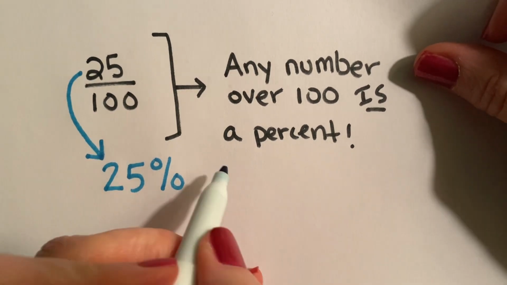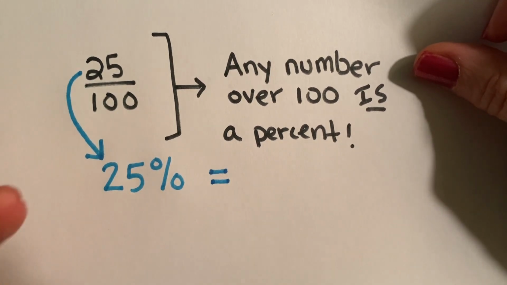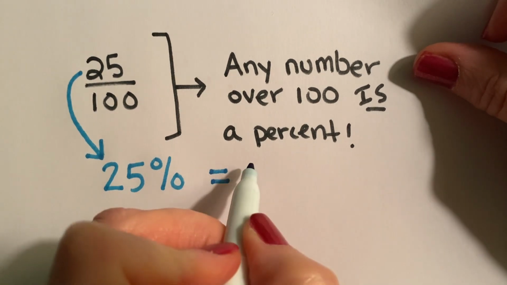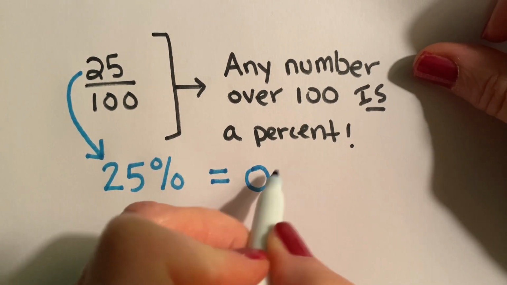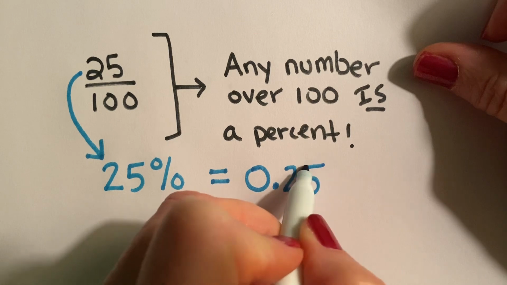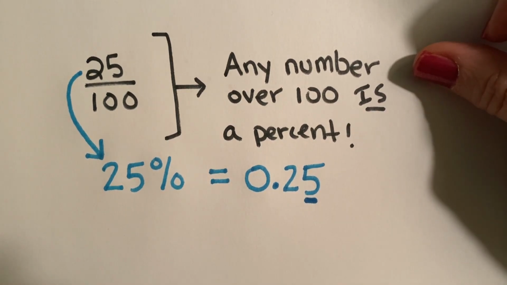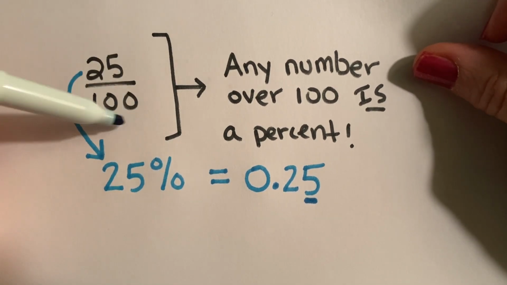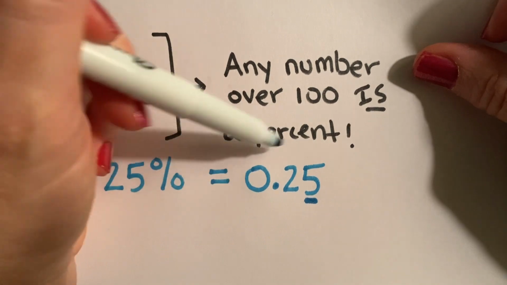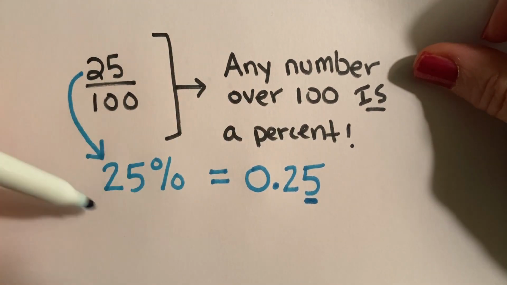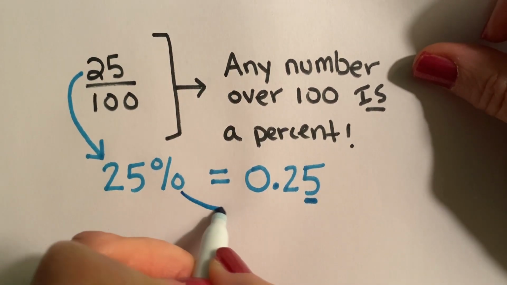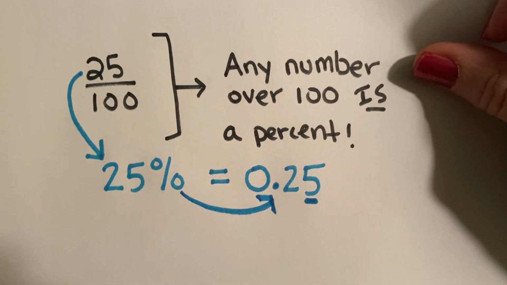And then you might say, well, okay, that's 25%. What about a decimal? Well, isn't 25 hundredths written like this? 25 hundredths. So a percentage can be written as a fraction, a decimal, or a percentage itself. They all mean the same thing.